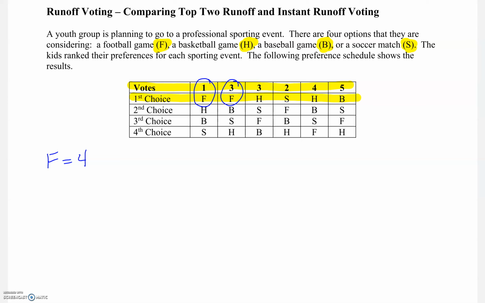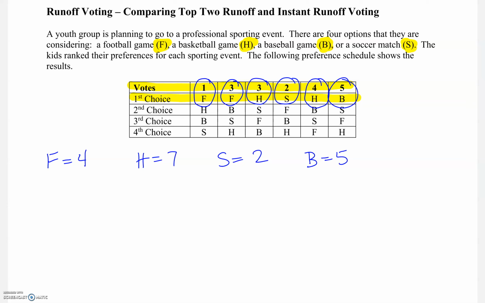The next, as we continue from left to right, we have H for basketball, and there are 3, and then there are 4 more as you look a little further down, so that's a total of 7 votes for basketball. As I continue on, there's soccer, I have 2, and then baseball finally rounds out the table with 5.